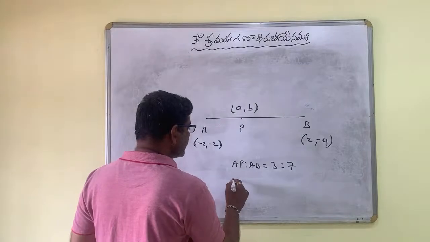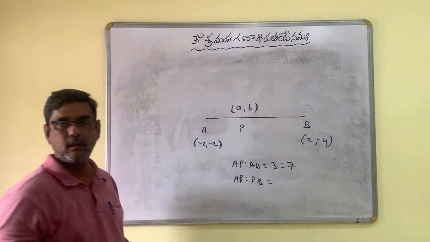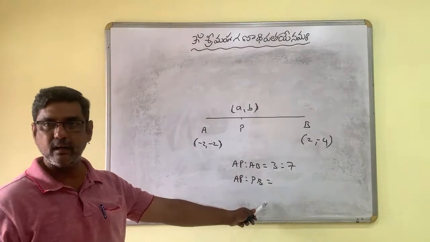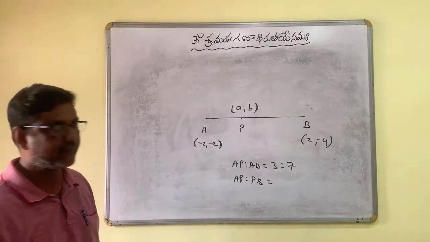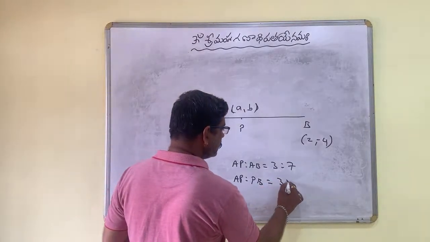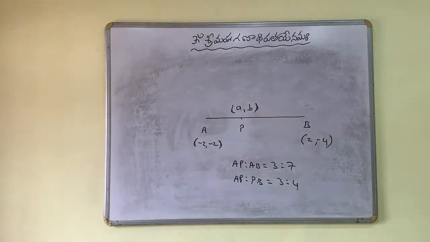We need to convert the ratio into AP is to PB. It is 3 is to 4.